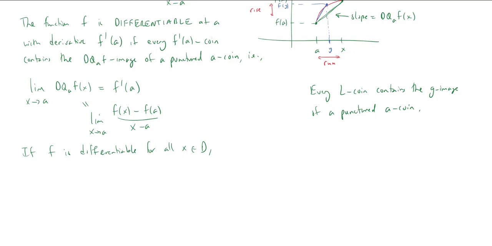Now, there's a way that we can extend this in certain instances to closed sets, which we'll see in a future video. But for now, we're only going to be looking at open sets. So then we say f is differentiable on D.